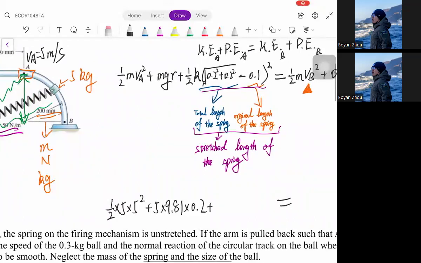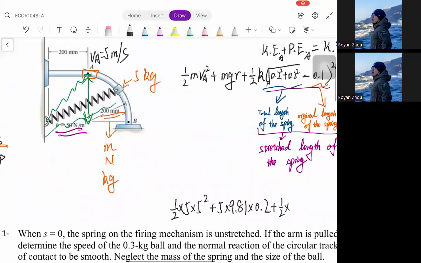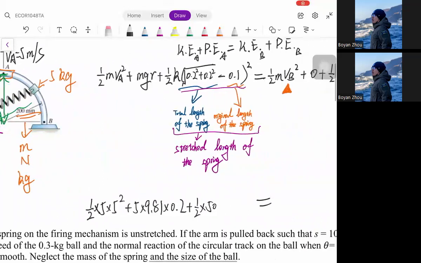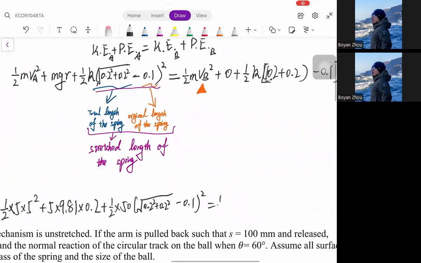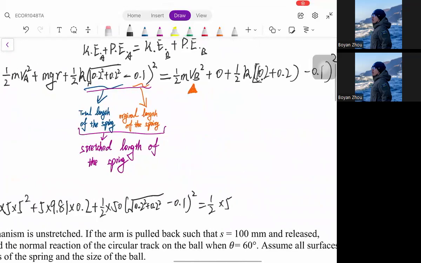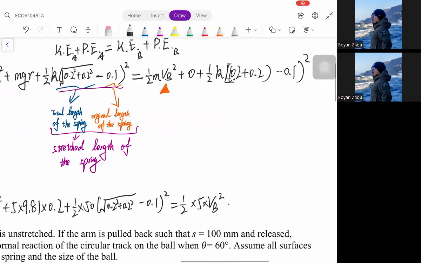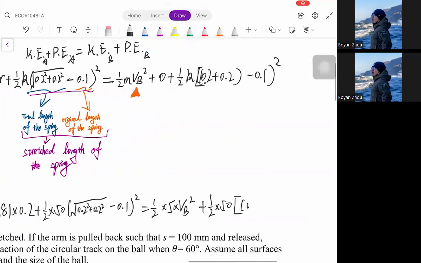Plus half k, k is 50, and that is just numbers there. Minus 0.1 to the power of 2 is equal to half mass, 5 kilograms, times VB to the power of 2, which is the unknown, plus 0 plus half times 50 times 0.2 plus 0.2 minus 0.1.